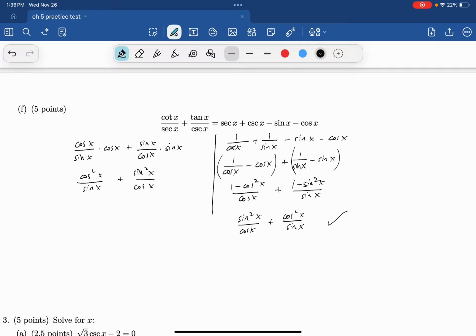Okay, so that's a little tricky. You could have done the same thing by replacing these with 1 minus sine squared and 1 minus cosine squared. You would have gotten the same result, and you would have been able to convert this into the right-hand side. But we made the left and right-hand sides meet in the middle.